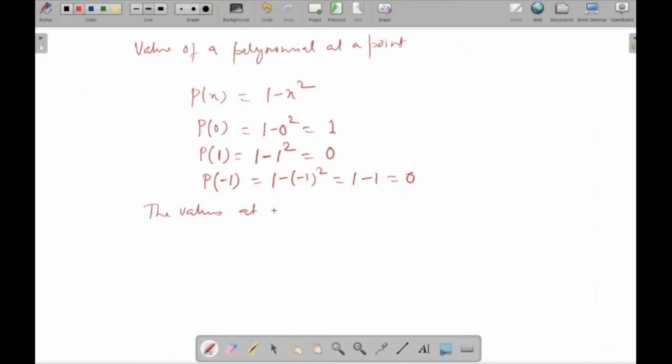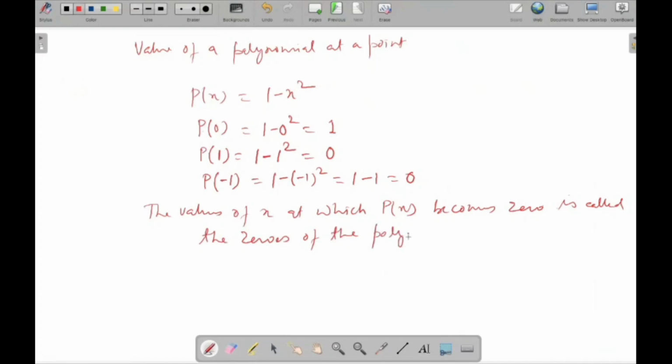So the values of x at which p(x) becomes 0 are called the zeros of the polynomial.